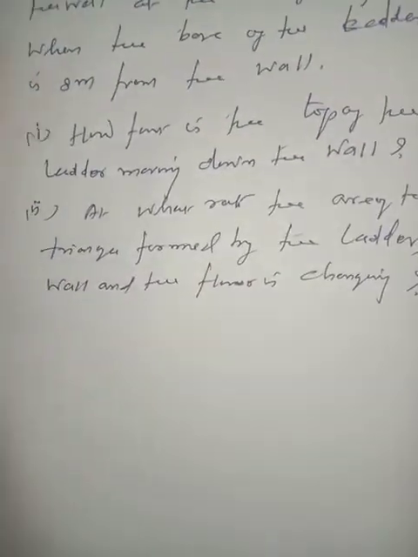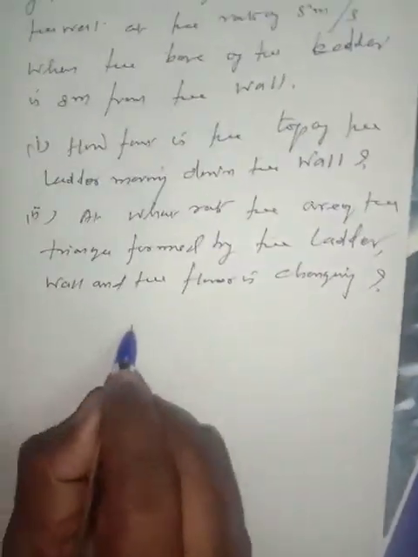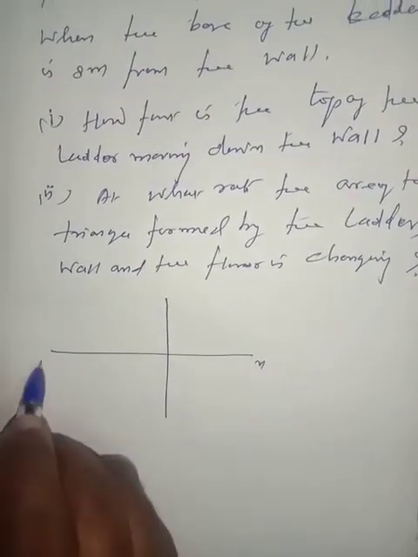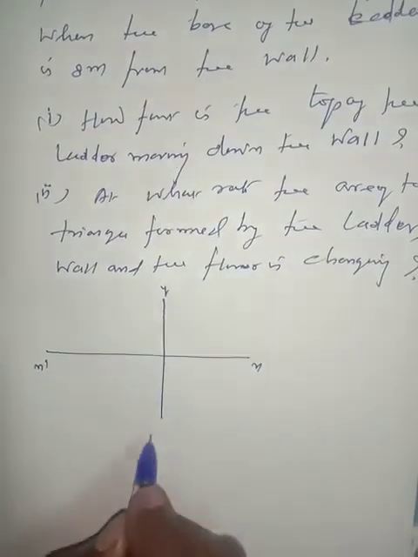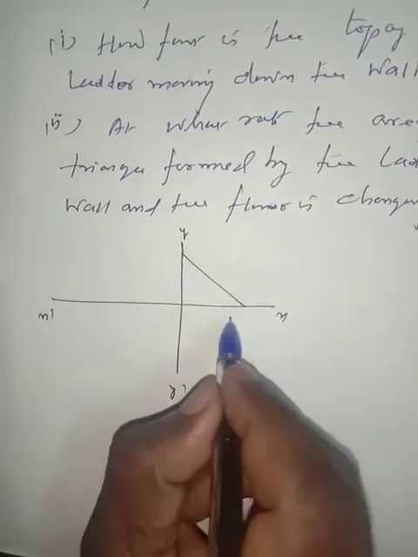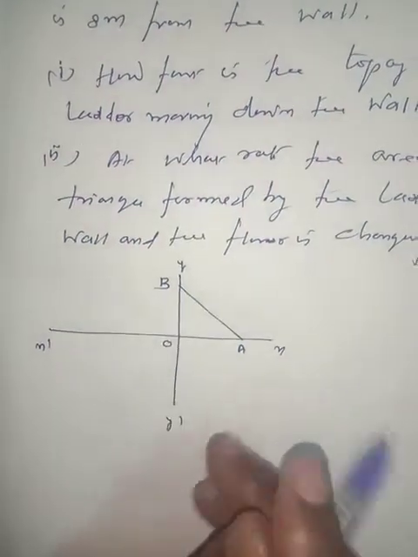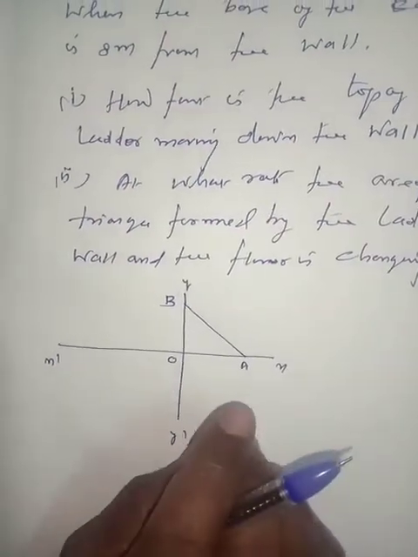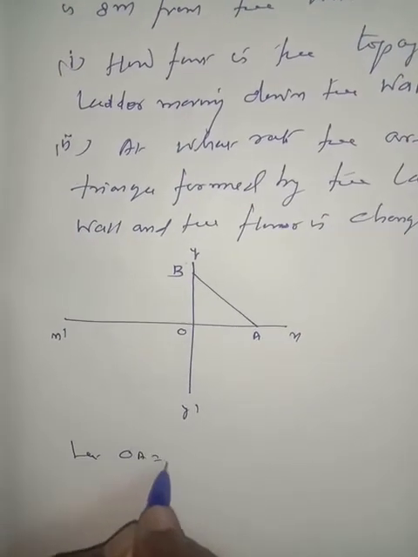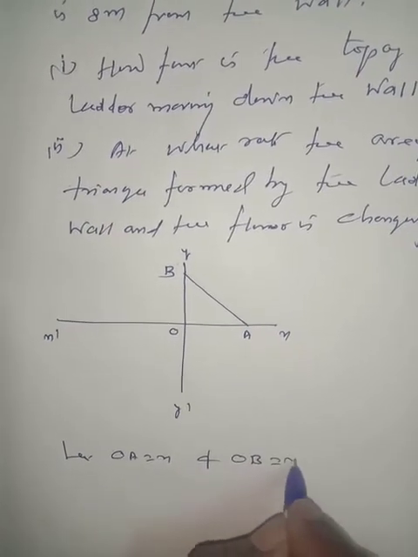First draw x and y axis and then draw the ladder. X dash, y dash, ladder AB. O is the point of intersection of x and y axis. Let OA is equal to x and OB is equal to y.